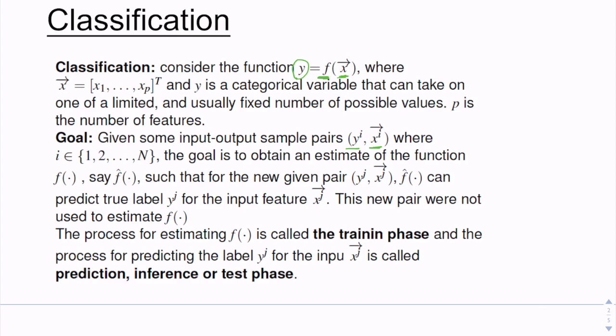Then we have n samples, and also we have the features, and the dimension of feature space is usually denoted by p. The goal is that given this training sample, we would like to find the function f as close as possible to the actual function, and this function also should be able to predict the correct label for new data presented to this classifier.